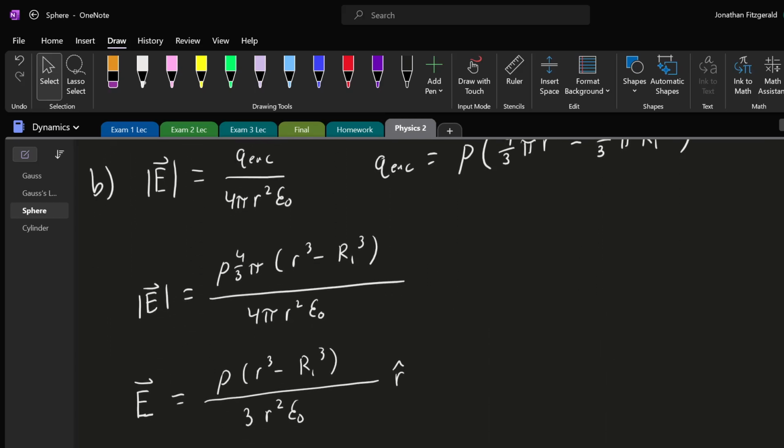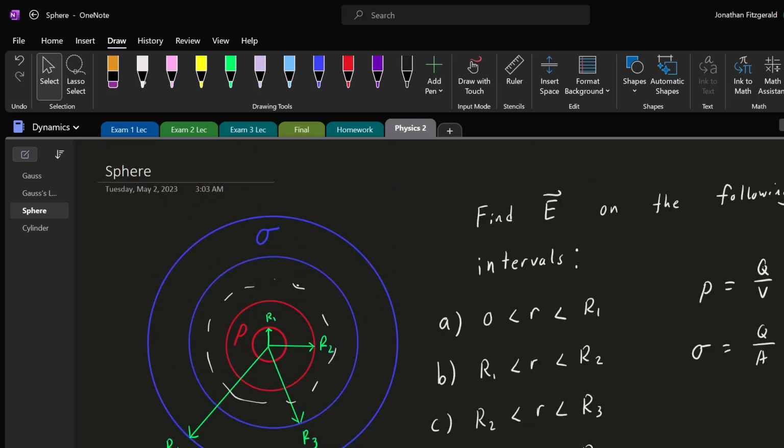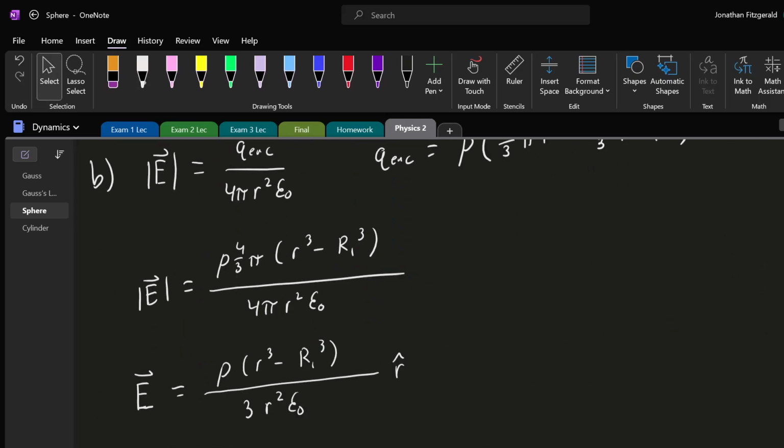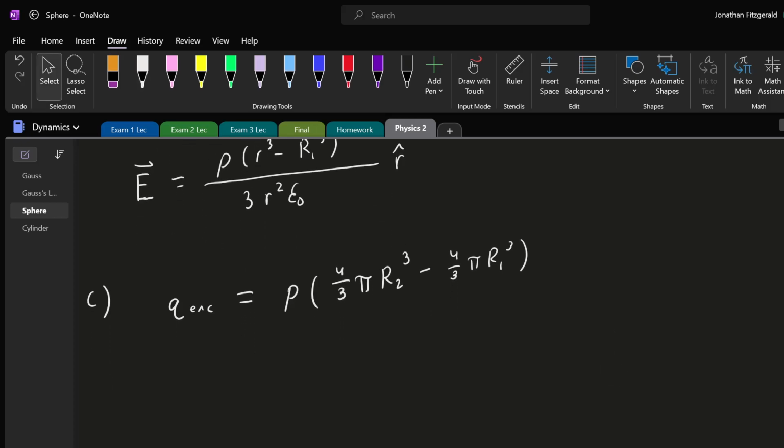So now, instead of having this little r as the outer, we can just say R2 as the outer. So we'll say 4/3 pi R2 cubed minus 4/3 pi R1 cubed. That's going to be our Q enclosed.